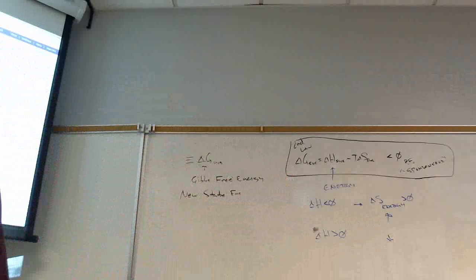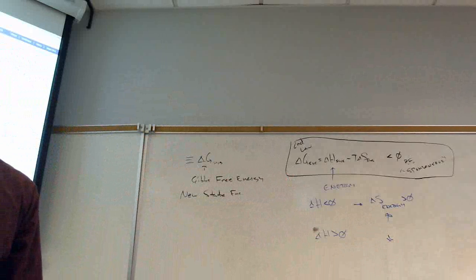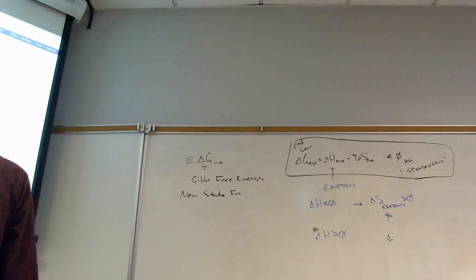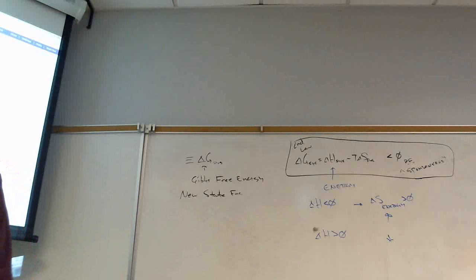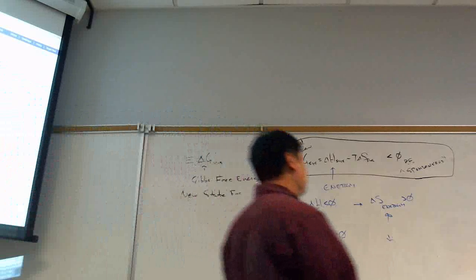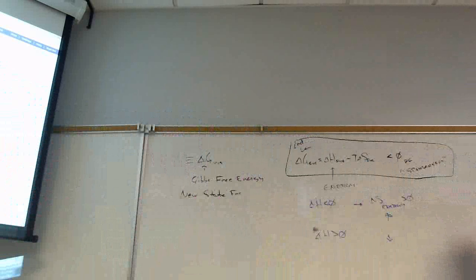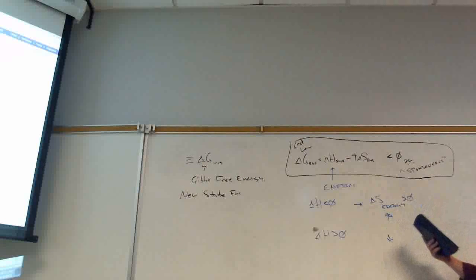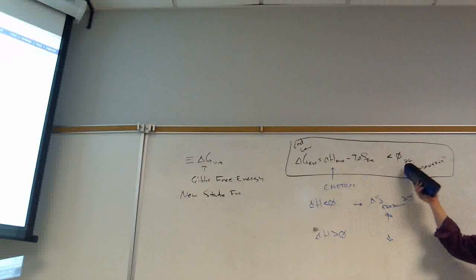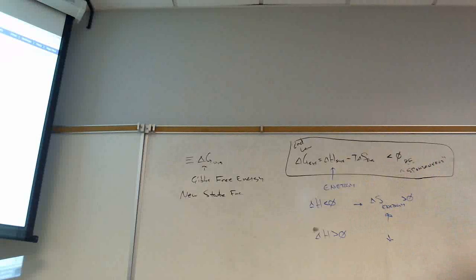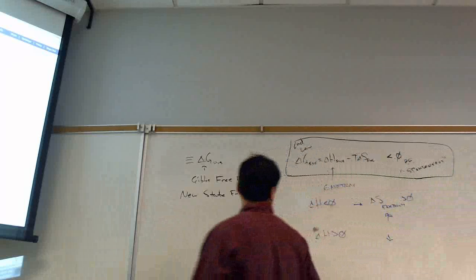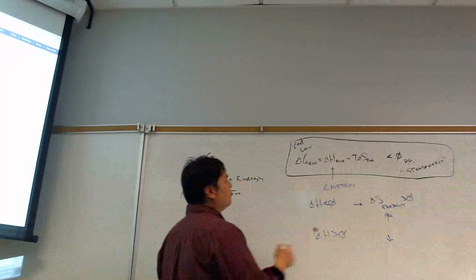Okay, so there are two ways that are commonly stated for the second law, the two equations. One, delta S of the universe is greater than 0. Number two, delta G of the system is less than 0 for spontaneous processes. So now it's easy to compare.